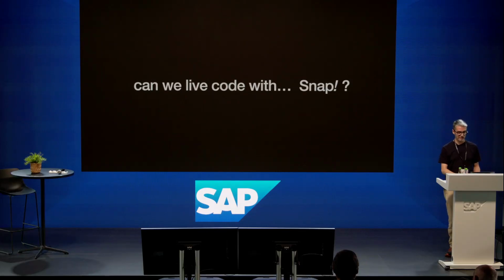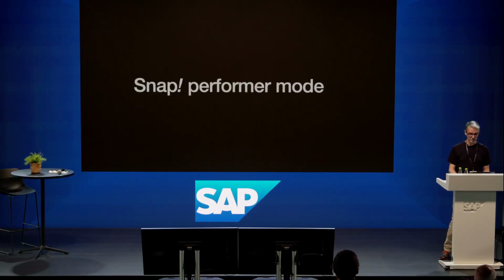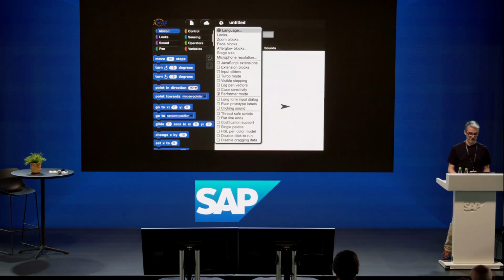Okay, going back to the presentation. So at some point we asked ourselves, can we live code with Snap? Another nice collaboration with the Snap team was the performer mode, right?